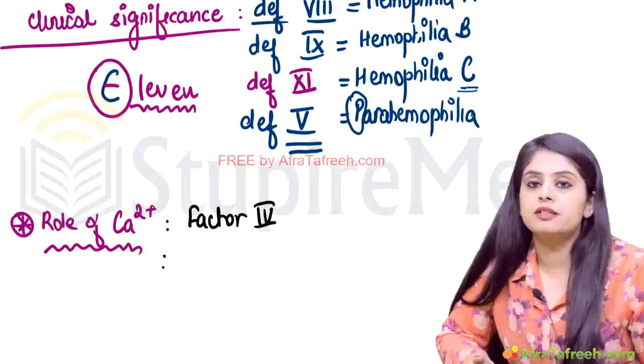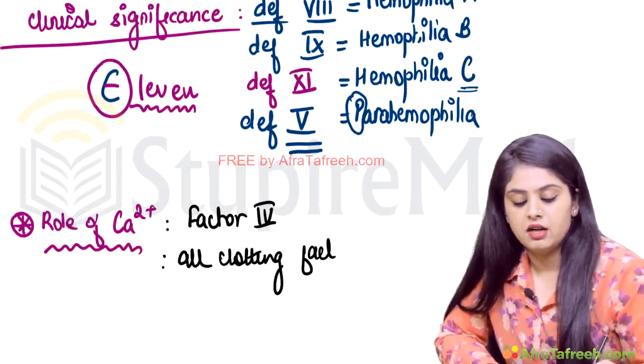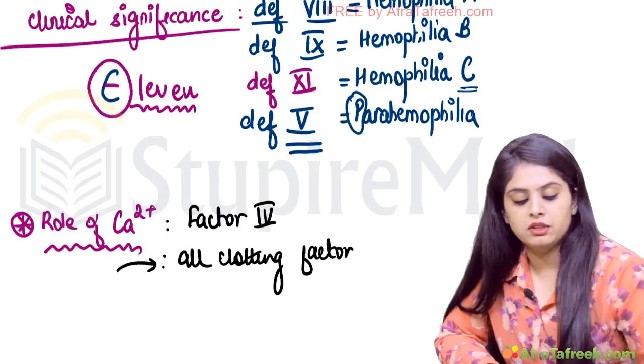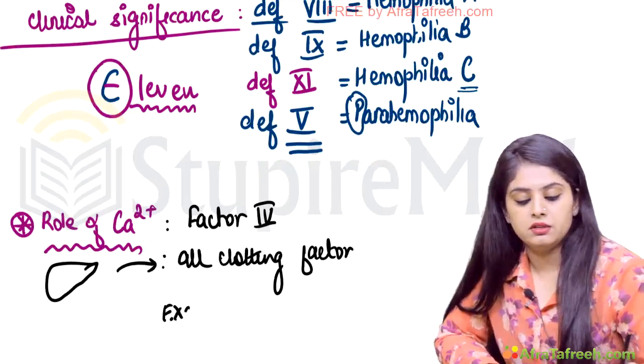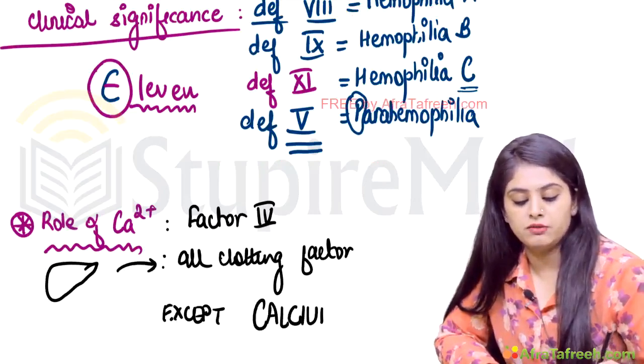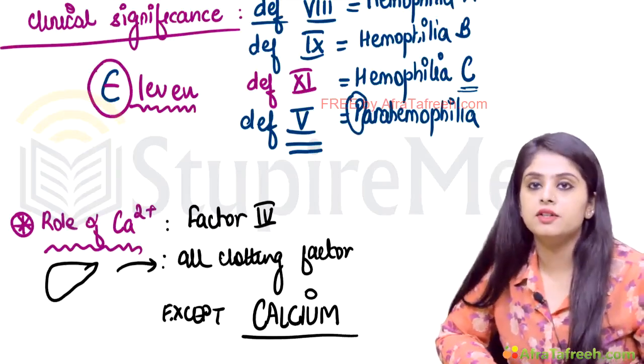Calcium is not produced by the liver, we know. So all the clotting factors are going to come from the liver except calcium. Calcium will not come from the liver. It is not synthesized or produced in the liver.